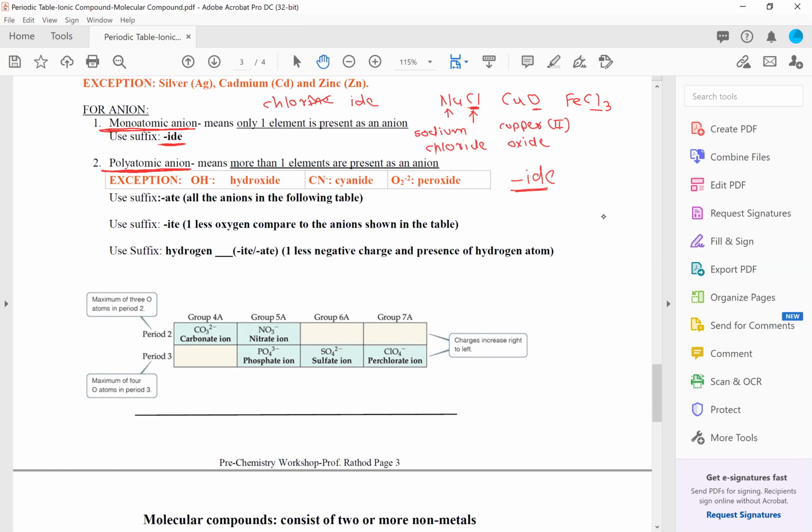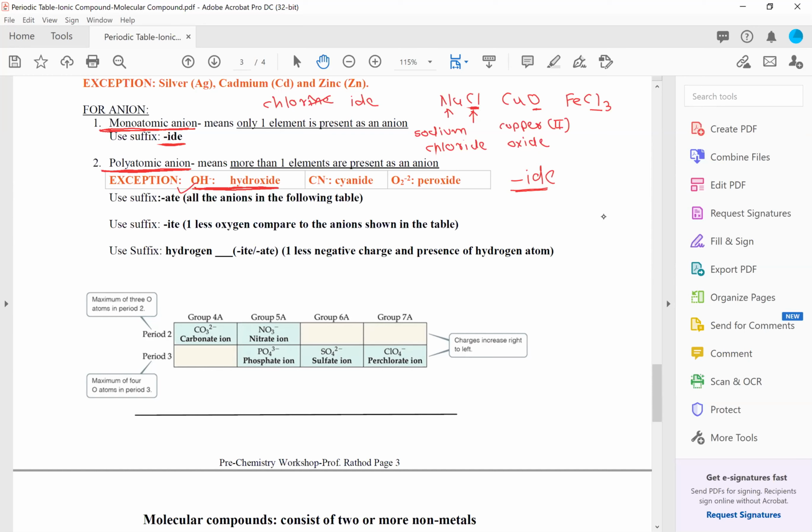These are the only 3 cases where we use IDE as a suffix even though there is a polyatomic anion. The first example is OH minus, which you see here. If you see OH minus as an anion, then you can call this hydroxide. H is hydrogen, O is oxygen.